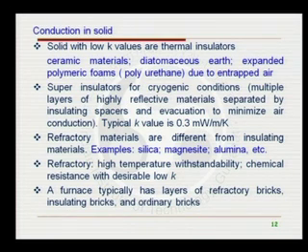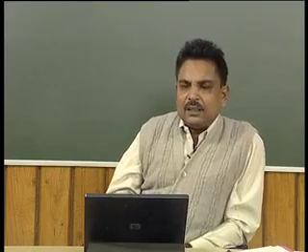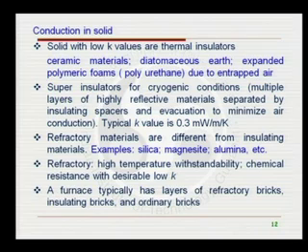This evacuation minimizes the air content within the system, which means you are minimizing the chances of conduction through collisions amongst the air molecules. Typical K values for this kind of super insulator are around 0.3 milliwatt per meter per Kelvin. This is to give you some feeling for the magnitude.